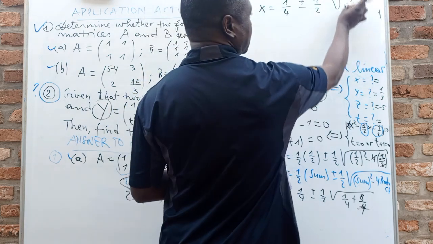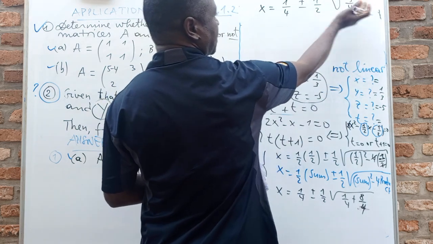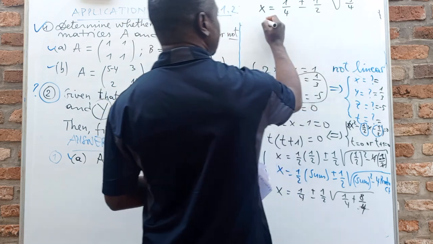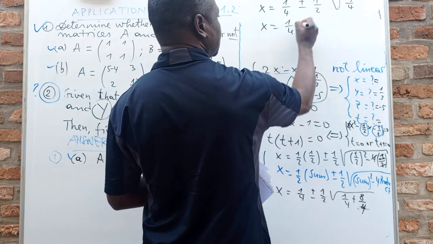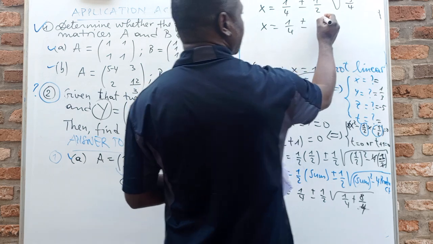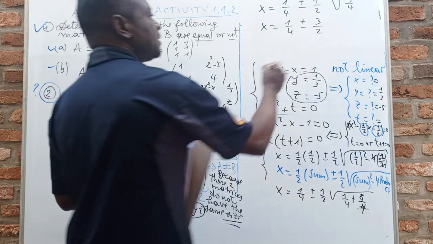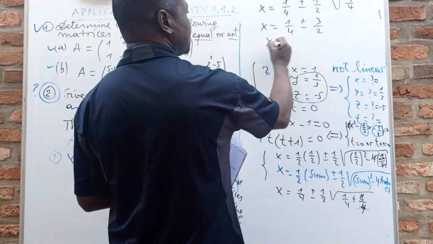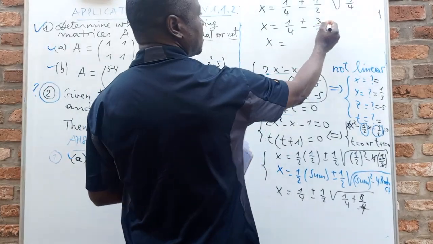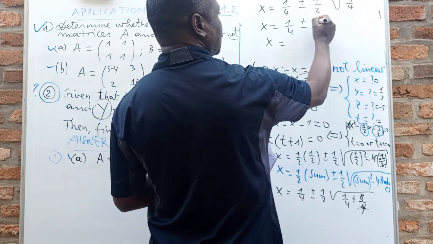I can get a quarter plus or minus 3 halves, times half.